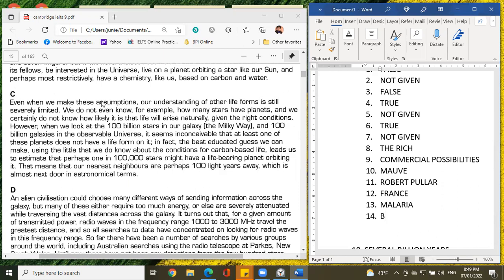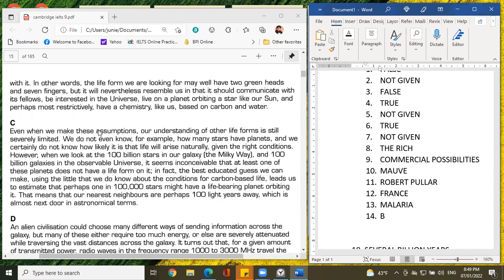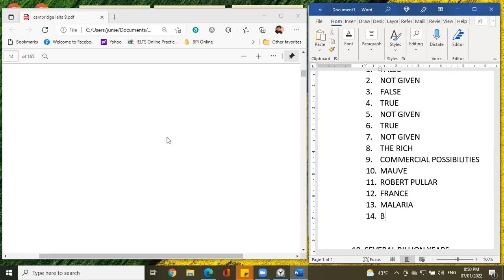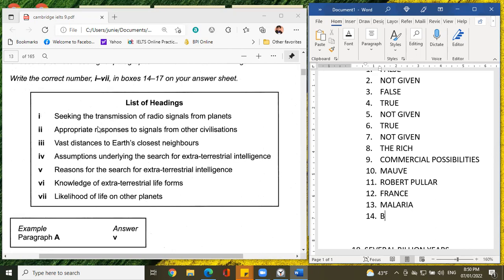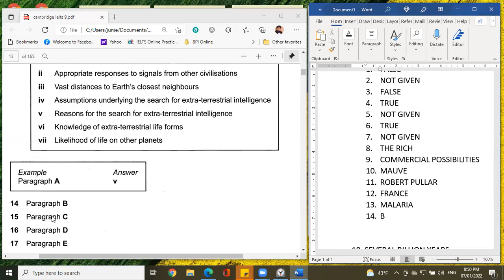So, ayun yung assumptions. Ay hindi, no, even when we make these assumptions, referring to that, tama. Ito yung assumptions. Our understanding of other life forms is still, we do not know. Okay, so ano yung C is knowledge of extraterrestrial life forms yan, guys. That is C, number 15, C. Okay.